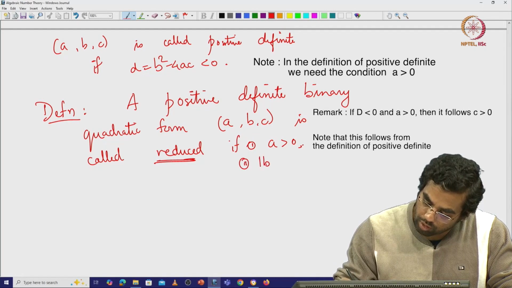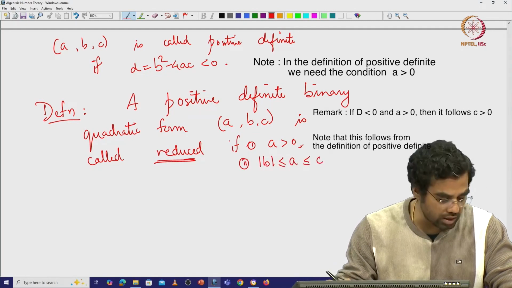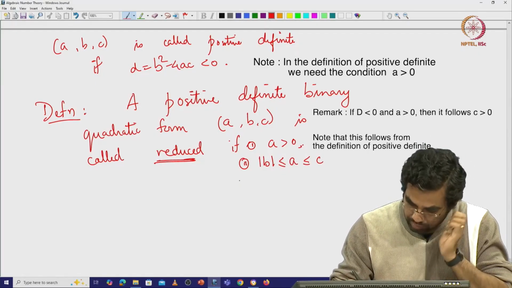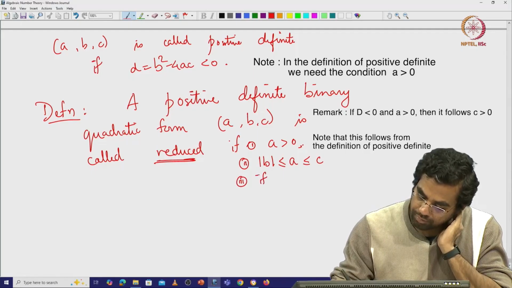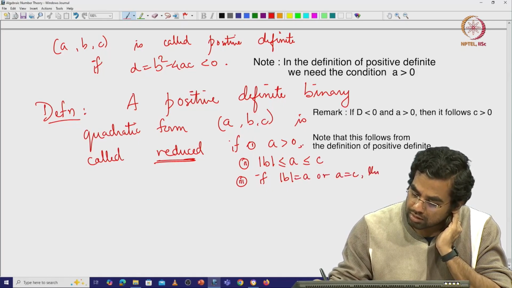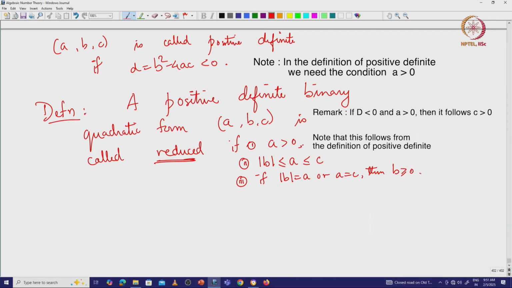Two, mod B is less than or equal to A, less than or equal to C, and three, if mod B is equal to A or A is equal to C, then B is bigger than or equal to 0. Okay. So, that is what a reduced binary quadratic form is.